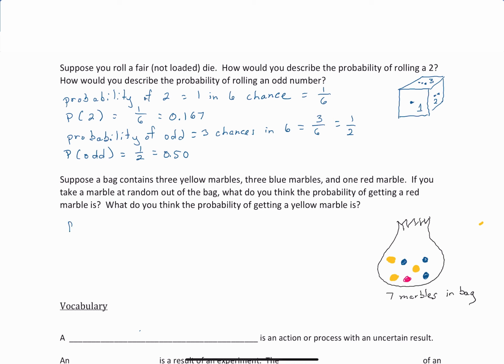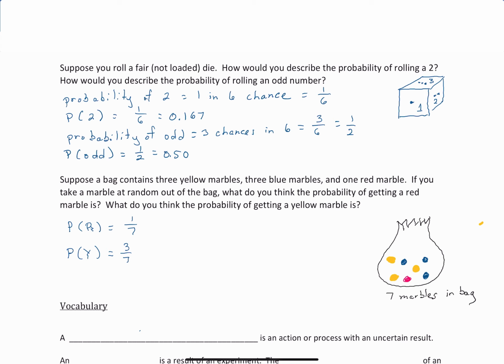So P of R. Well, there's 1 red marble out of the 7, so you have 1 chance in 7, which we can express as a 1/7 chance, or 1/7 probability. What do you think the probability of getting a yellow marble is? Well, there's 3 yellow marbles in the bag, so you have 3 chances out of 7. In other words, the probability is 3/7.